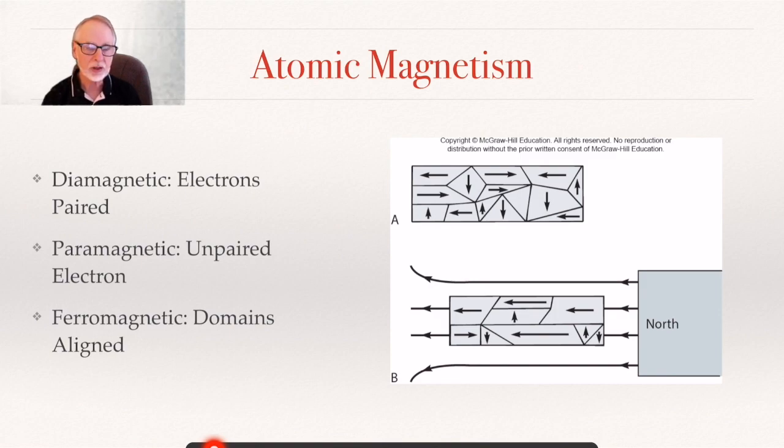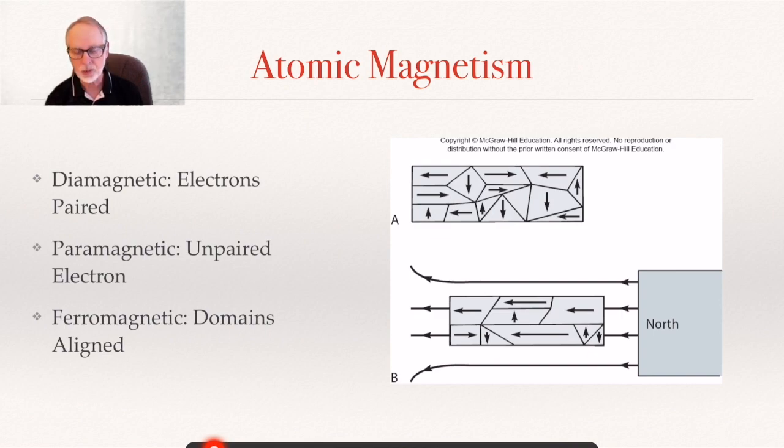In particular, when we talk about atomic structure and electrons, if all of the electrons in the atom are paired up, and we'll learn a little bit more about this later, but electrons like to be paired up, if you will, then all of their intrinsic magnetic moments cancel each other out.